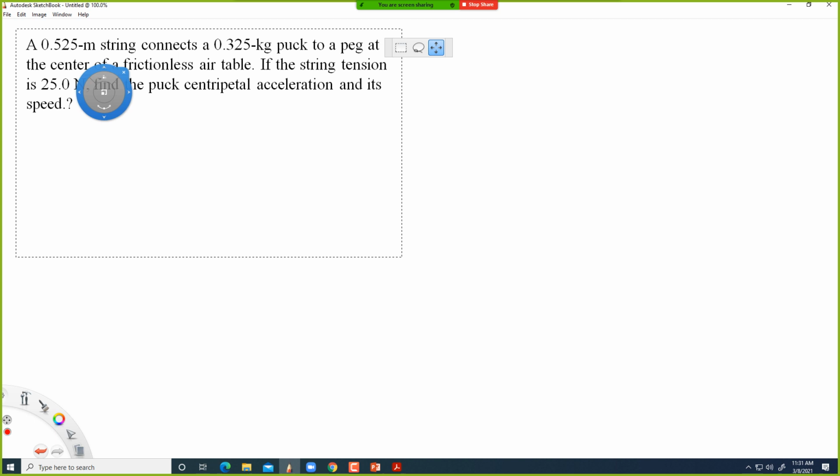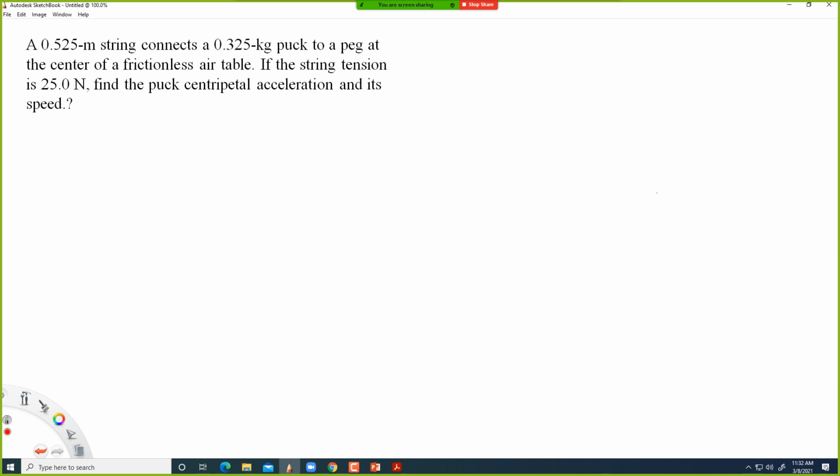So here, instead of flying off, because of the tension in the string, the object remains in a circular track. Okay? So what keeps the object in the circular track is the tension in the string.